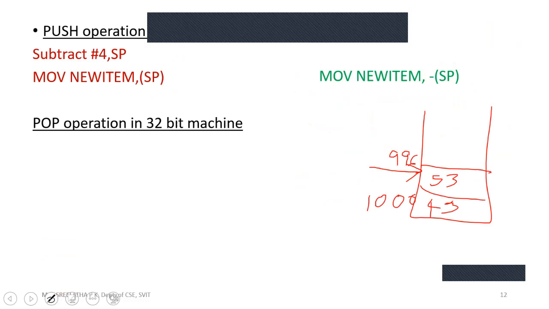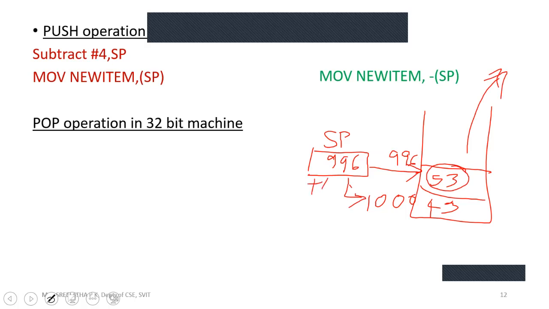In the pop operation, I take out the element and move the stack pointer to the next element, the topmost position. I have removed this element, popped the element out. Next, the stack pointer should be pointing to the value plus 4, the next location.